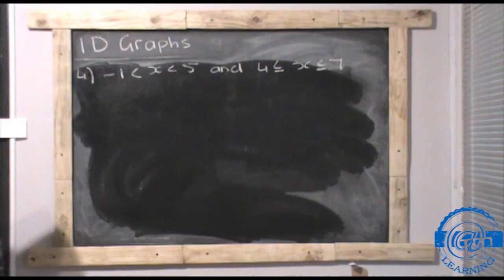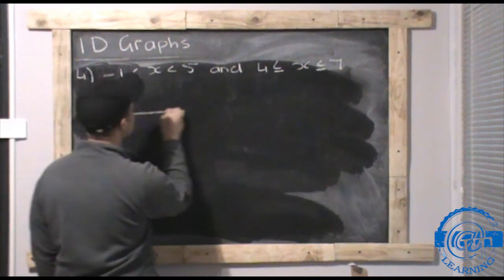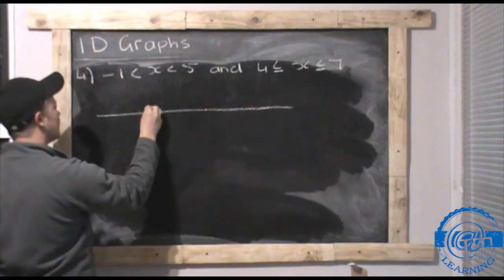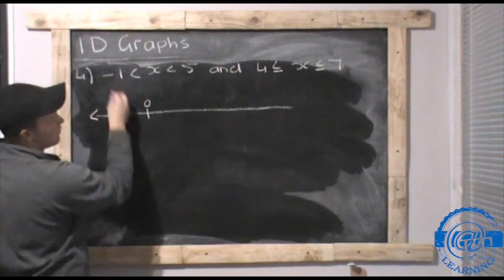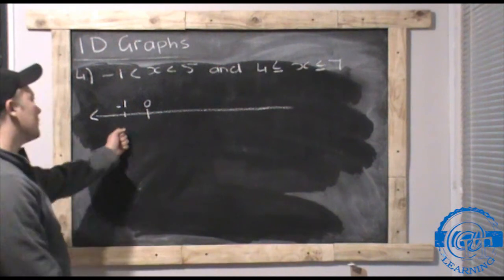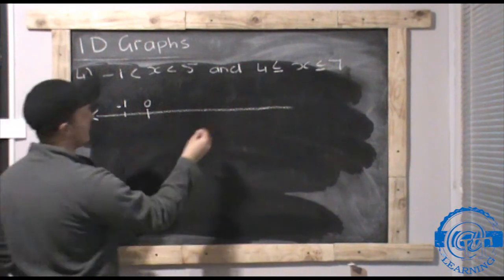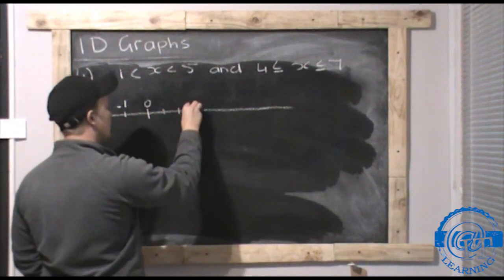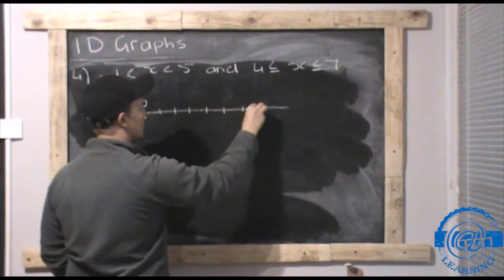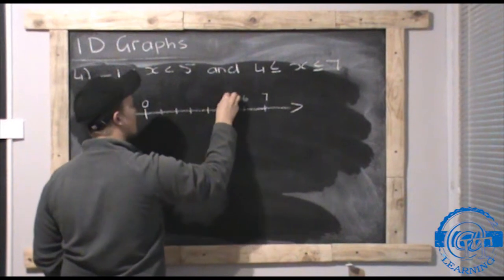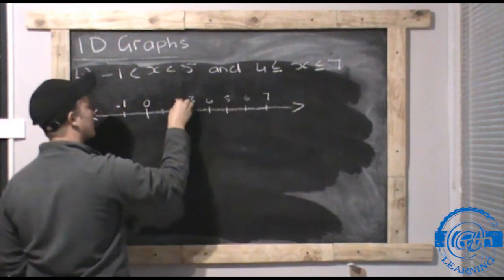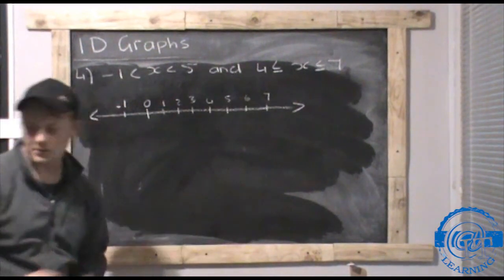Cool. So, once again, draw your graph. Minus 1, because that's the minimum value. The maximum is 7, so 1, 2, 3, 4, 5, 6, 7. Okay, let's get some more chalk.